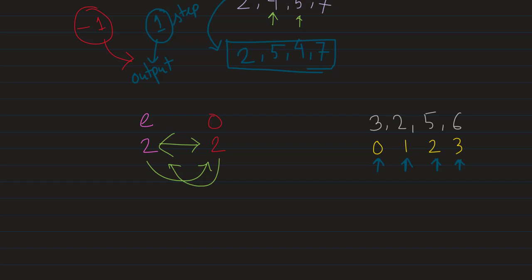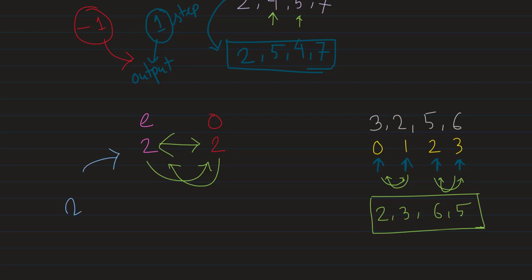Let's say we swap this and this, and this and this, then the array will become 2, 3, 6, 5, and this is a good array. So how many steps will we have to perform? We'll have to perform only 2 steps to make the array good. Remember, at one step we can take only 2 elements and swap them.